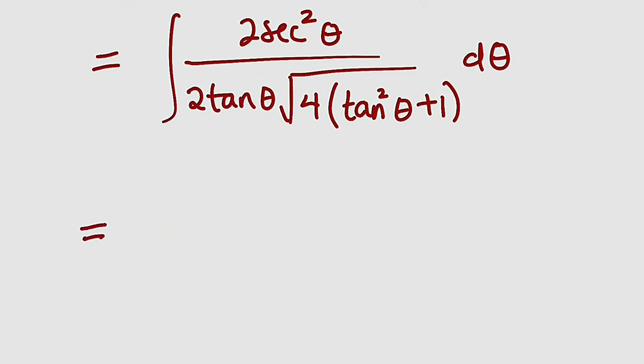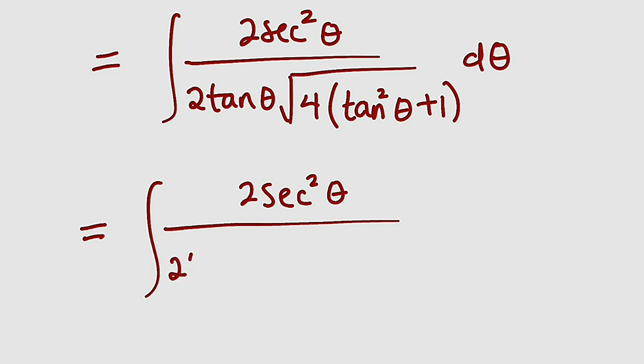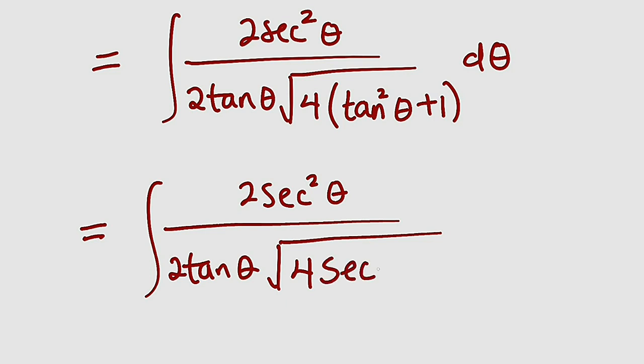This is equal to the integral of 2 secant squared theta divided by 2 tan theta multiplied by the square root of 4 multiplied by tan squared theta plus 1, which is secant squared theta. So we have secant squared theta.